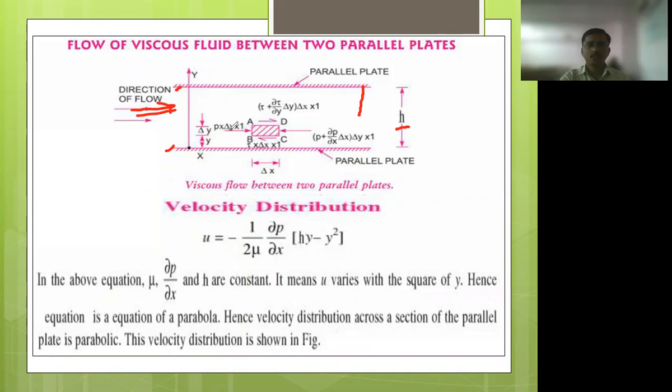The pressure is going to act on these fluid elements on this side also, as well as on this side. The thickness of this small fluid element is delta y. The length is delta x.